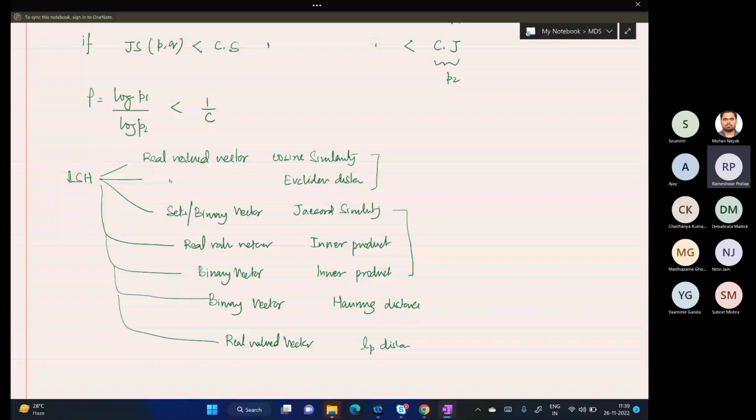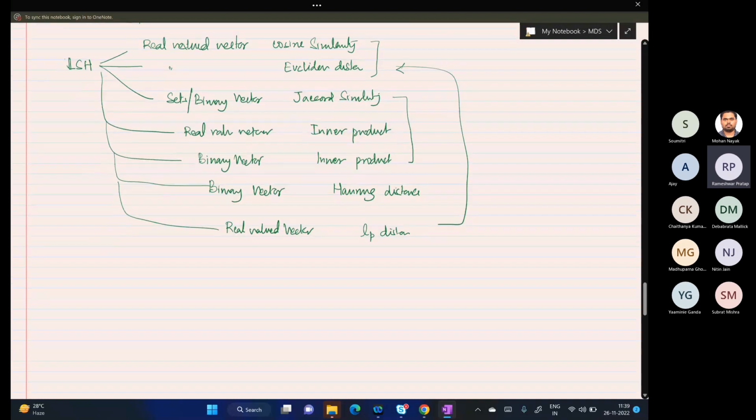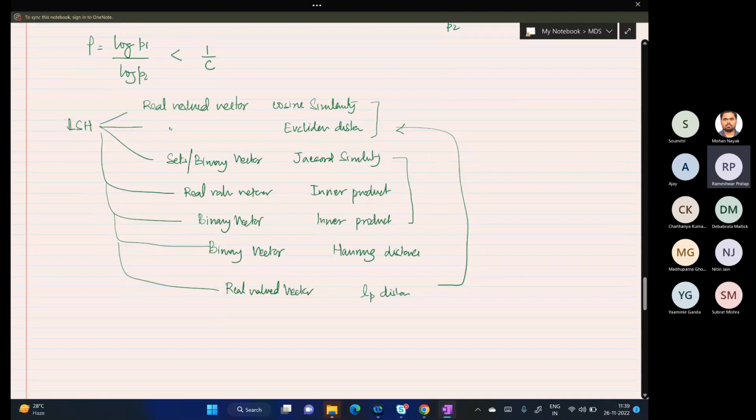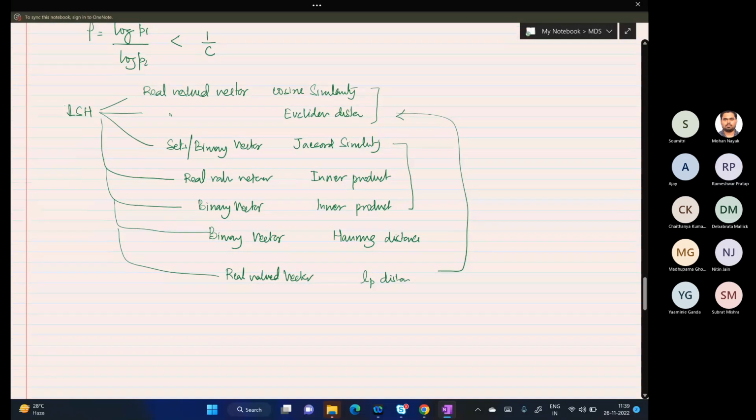That is basically doing some modification in the LSH for Euclidean distance. Similarly, there are some more LSH schemes known for different data types and similarity measures. But the ones I have covered so far are the most basic and fundamental.